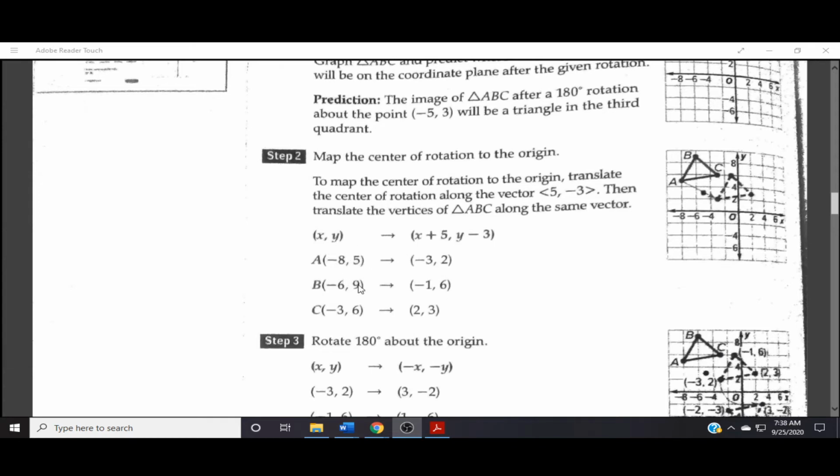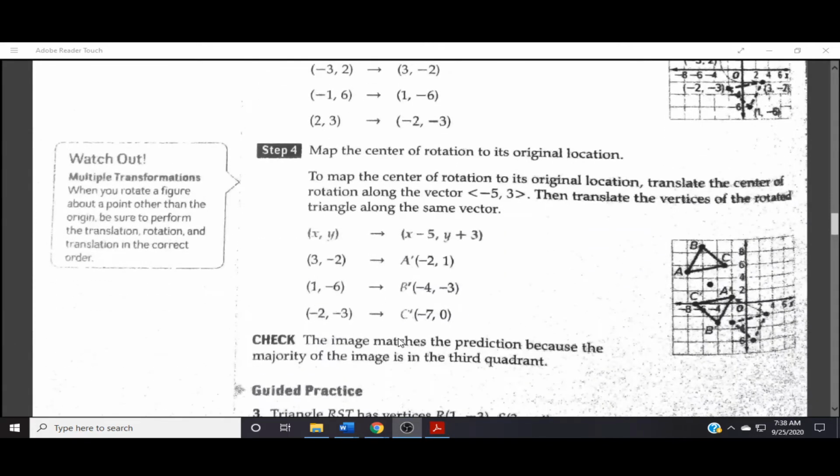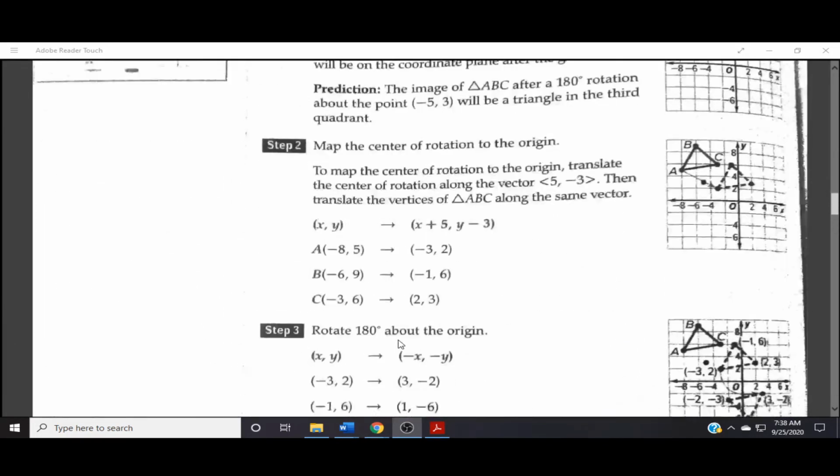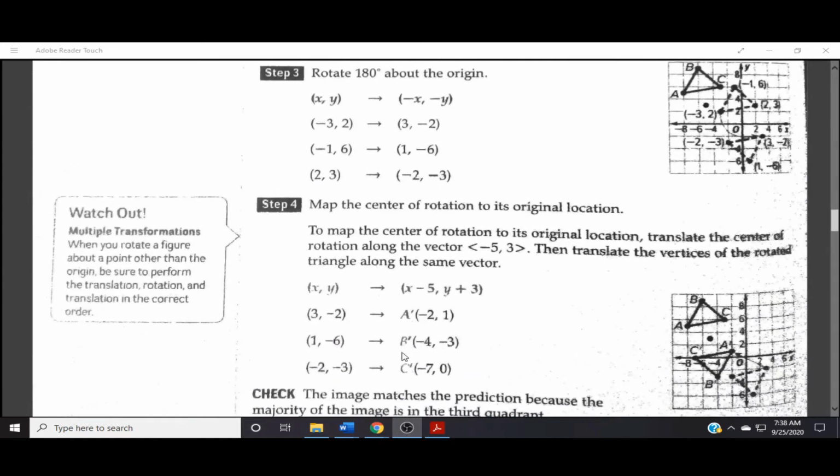They translate the position. Notice they translate first, then they reflect it, and then they translate it back.